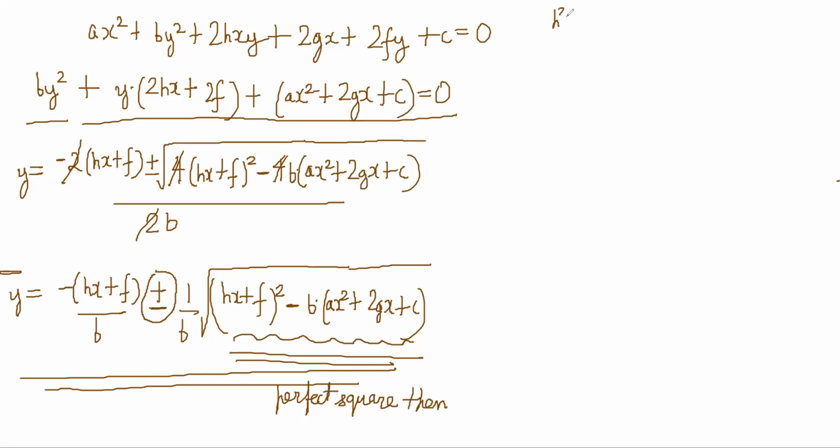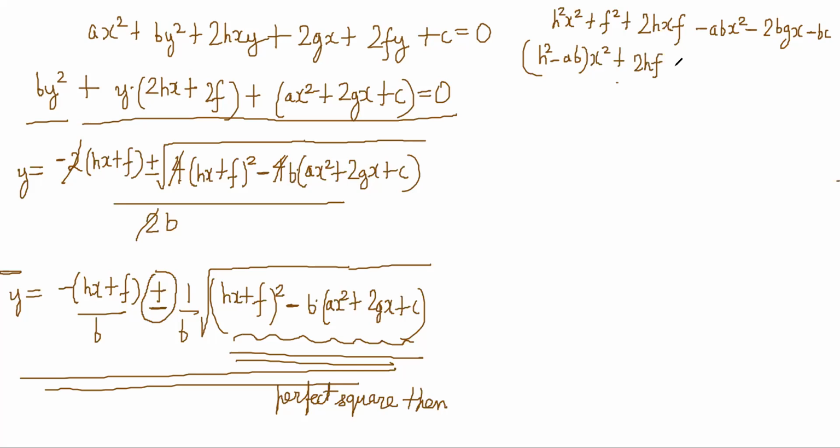It becomes h square x square plus f square plus 2hxf minus abx square minus 2bgx minus bc. So this is h square minus ab into x square plus 2hf minus 2bg into x plus f square minus bc.